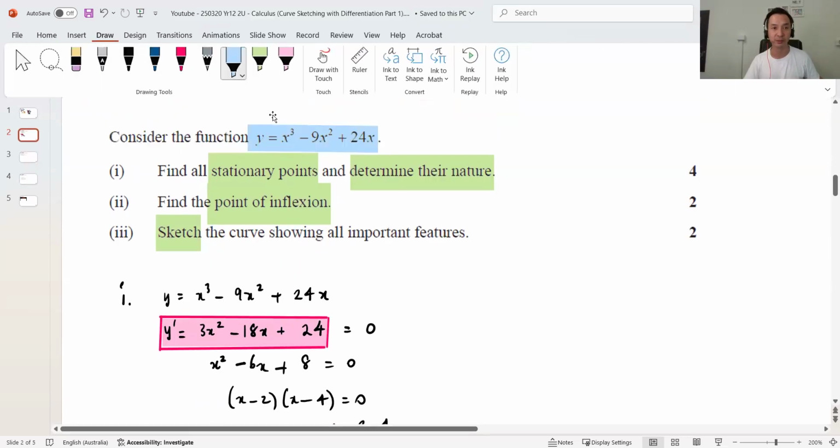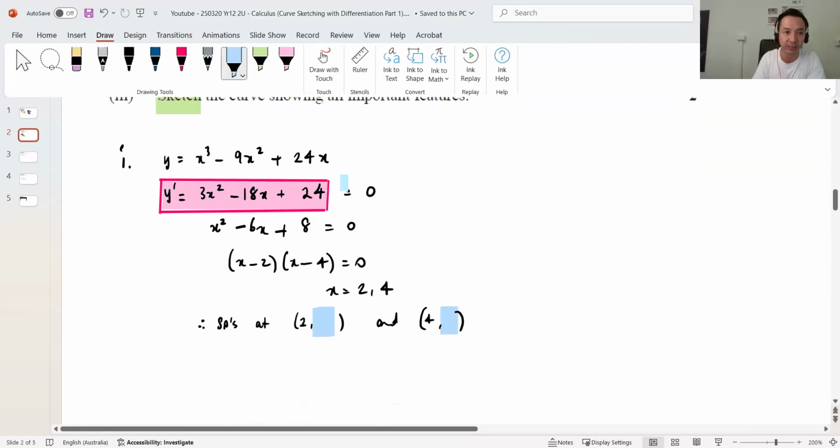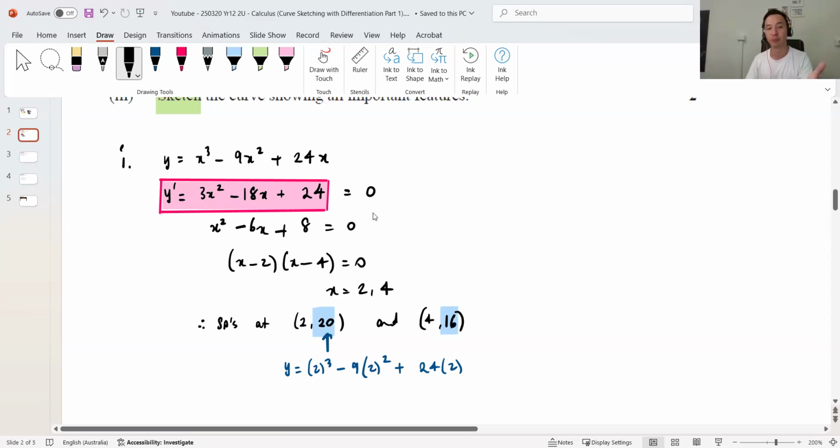So for example, this value here would be y equals 2 cubed minus 9 times 2 squared plus 24 times 2, right? And then you punch it in the calculator. I think you get 20, I believe. Might want to check that. And if you sub 4 in, I think you get 16. I want to check that as well. Yep. Now, I've got my stationary points.